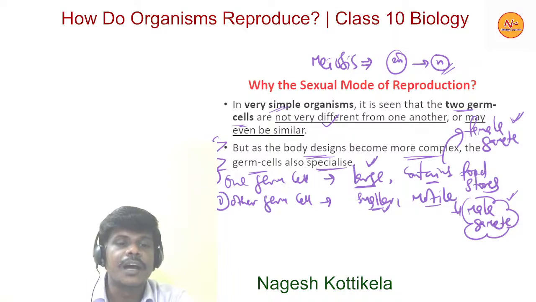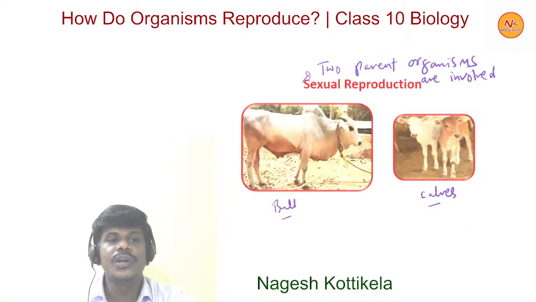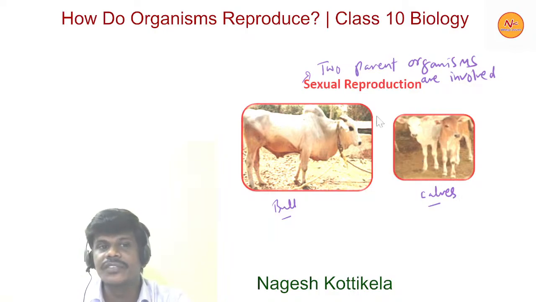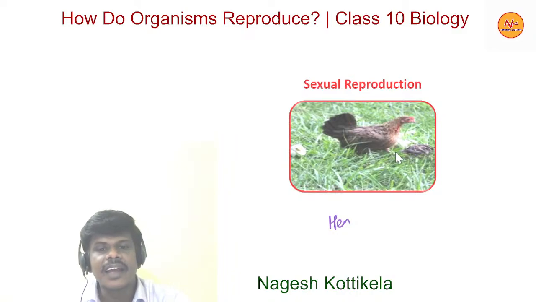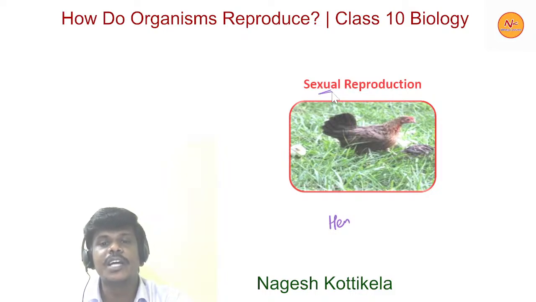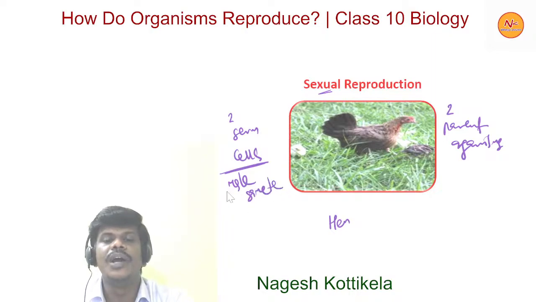Now, coming to a quick recap of the topic that I have discussed. Only bulls cannot produce new calves, and only hens cannot produce new chicks. In sexual reproduction, two parent organisms are involved, and two germ cells are involved: the male gamete and the female gamete.